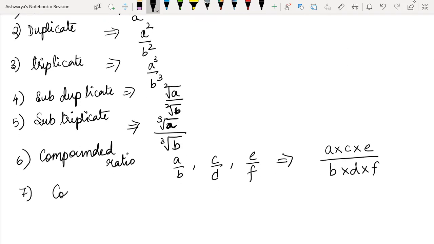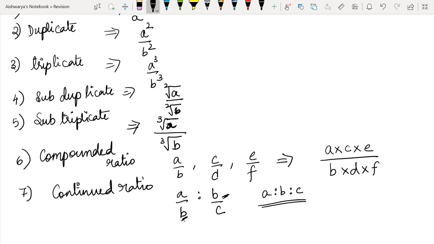Next, we have continued ratio. Continued ratio means A by B is equal to B by C. So it is continuing. This B is continuing here. So we say A is to B is to C. Being in a continued ratio means we will say this is equal to this, which also means that B square is equal to AC.